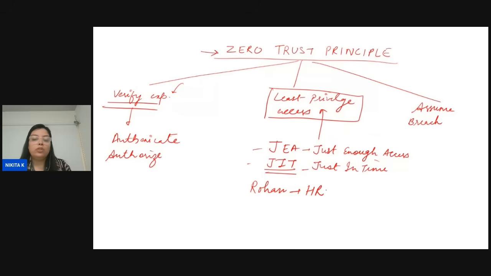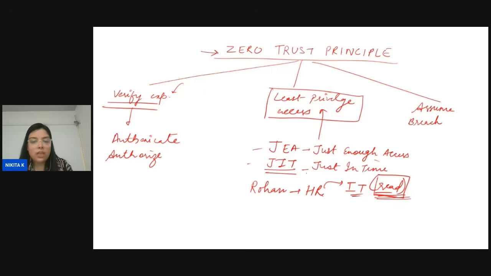Now he has some work with the IT department, so the access he needs is just to read the data. So he should be given reader level access, no write level access or admin level access.